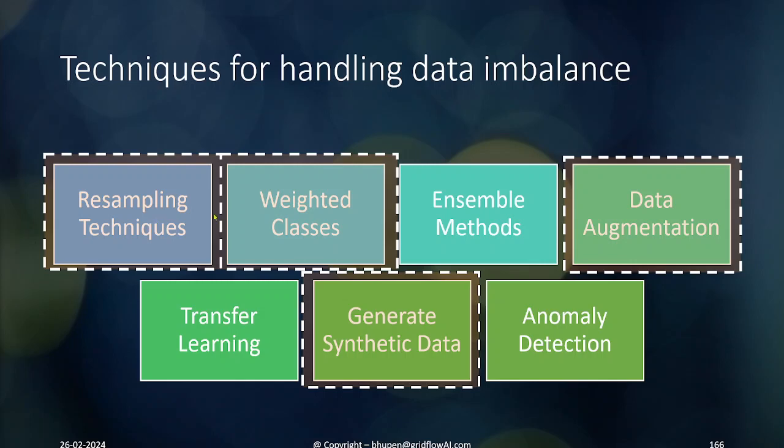Ensemble methods are advanced machine learning methods. Data augmentation is also done through advanced machine learning, like deep learning methods. We generate new samples and thus compensate for the lack of data in the minority class.